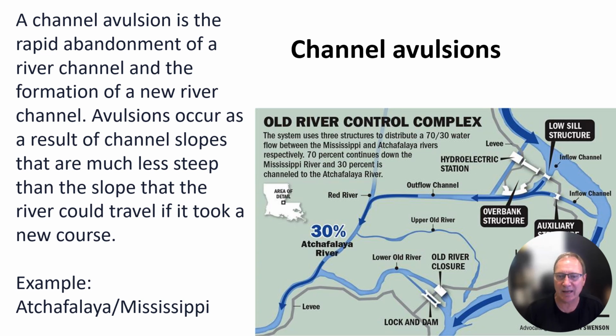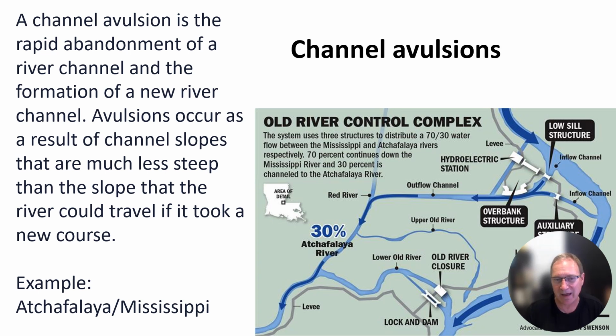Just understand that it is a much shorter line from north of Baton Rouge to Morgan City, going straight down the Atchafalaya River. And so if we did lose control of the Mississippi at the Old River Complex, because of flooding, flooding was able to inundate the area, and avulsions occurred that redirected the river.